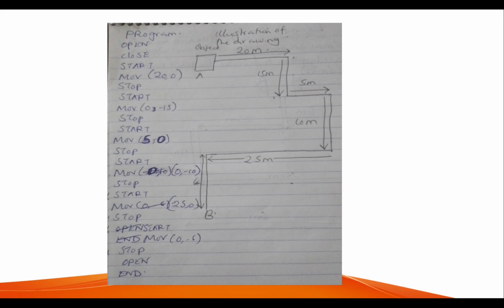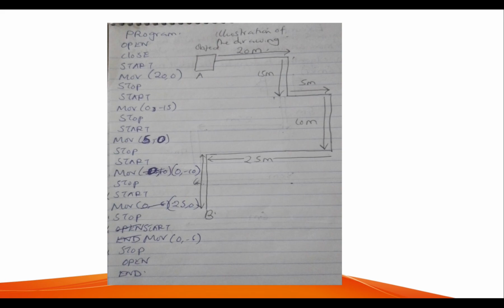After moving 5 meters, it will stop, start again, move 0, negative 10. So 0 means the x-axis has not been affected. The y-axis has been affected by moving a negative distance relative to the present location, which is at coordinate 0, 0. So it will move downwards.